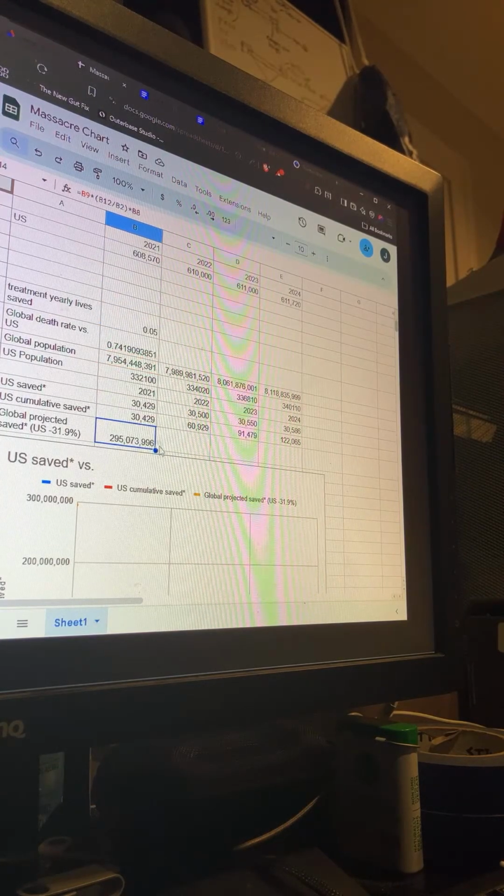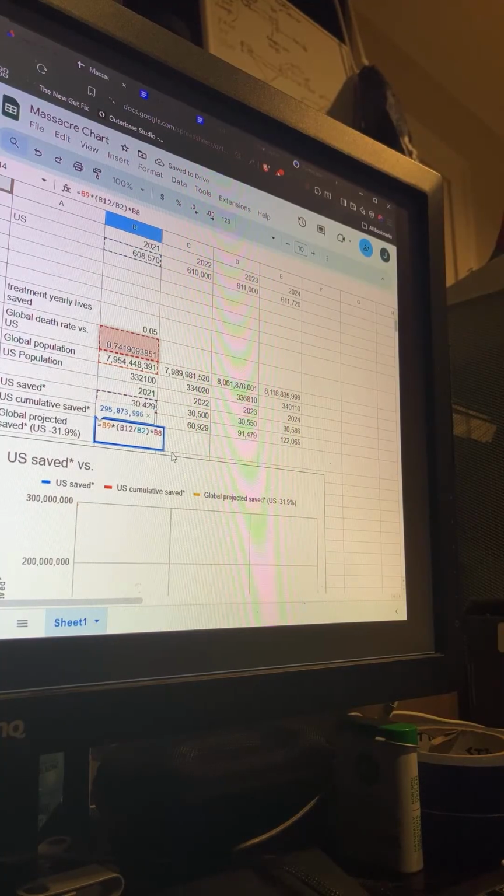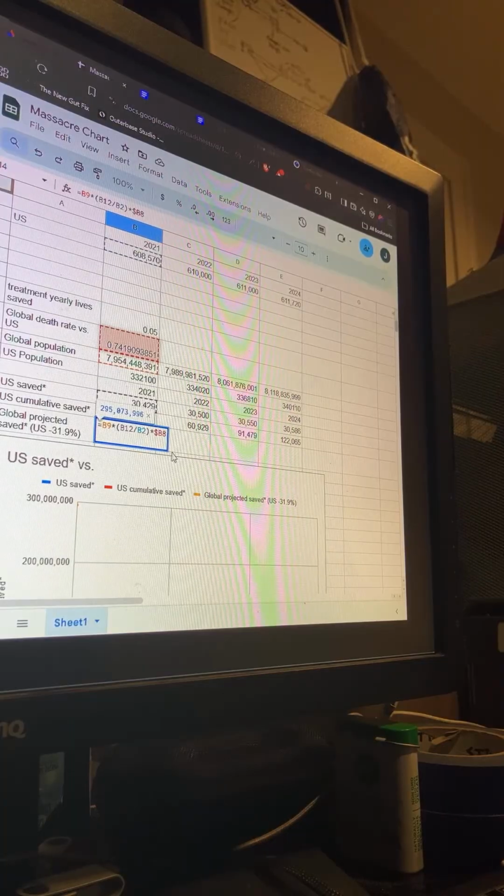Okay, so this is our accurate number. When we do this, we will be looking at, so red, we're not moving that.